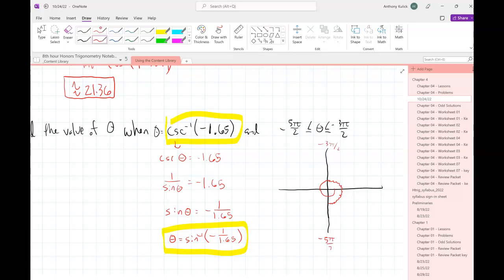So which quadrants are we looking at here? Quadrants 1 and 4. Of those, where is sine negative? Well, sine is negative in quadrants 3 and 4.